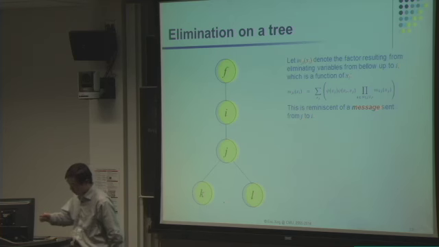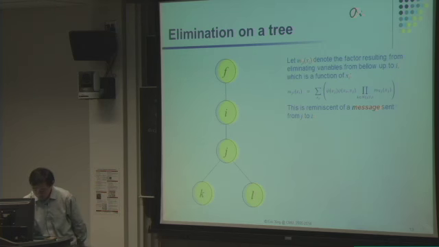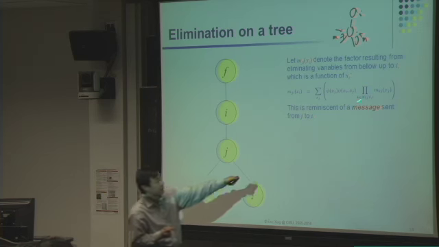So maybe I should draw a graph here. I have a j. And suppose I'm going to eliminate this guy. Then I'm going to also collect all the messages coming from other places into this j. These are basically those guys.